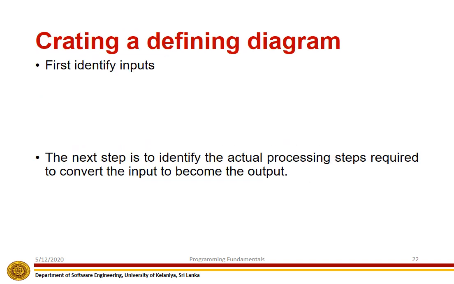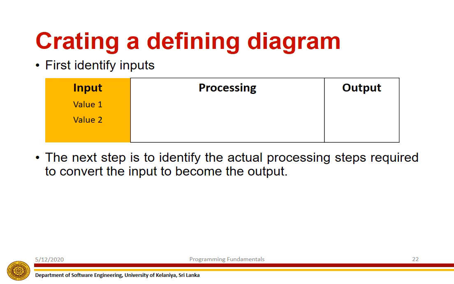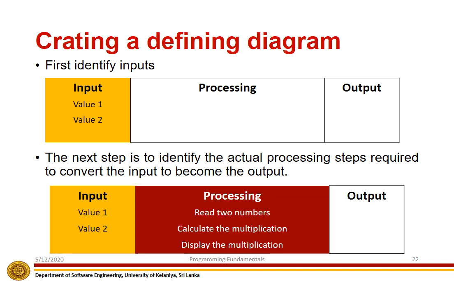Here I have created the defining diagram. First we have to identify the two inputs, the two numbers we have to multiply. As the next step, we have to identify the process that we want to do. First we read the two numbers, then calculate the multiplication and display the multiplication.